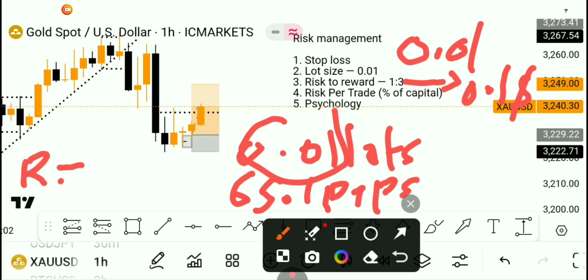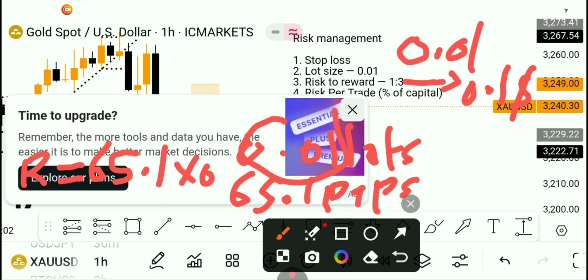My risk will now be equal to 65.1 times 0.1. That's the value per pip movement. That will be $6.51.